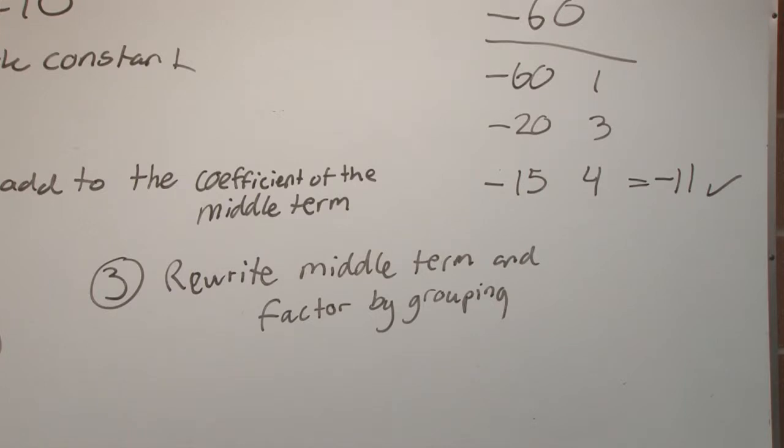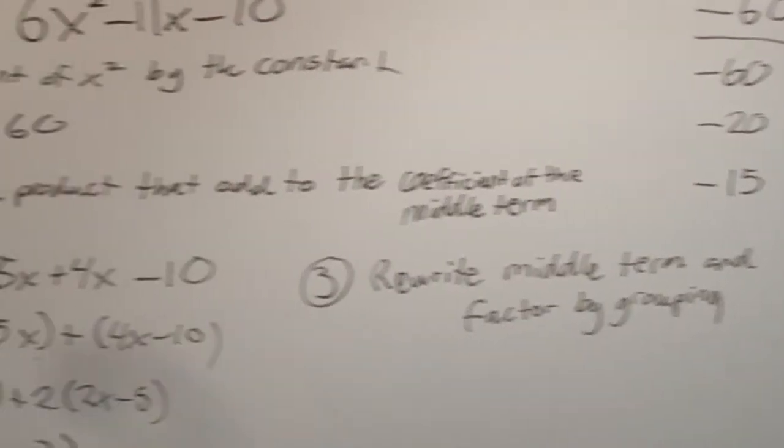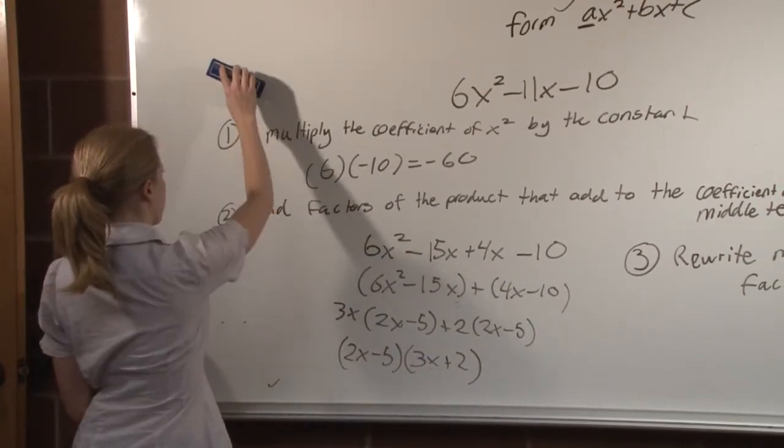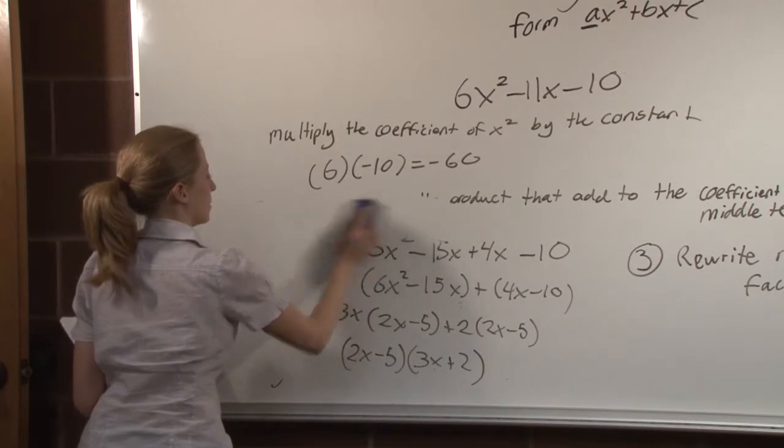I'm going to do one final example where you have to factor out a constant first. So go ahead and erase all of this.